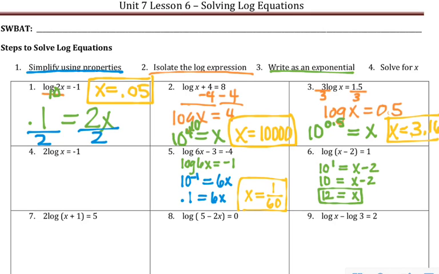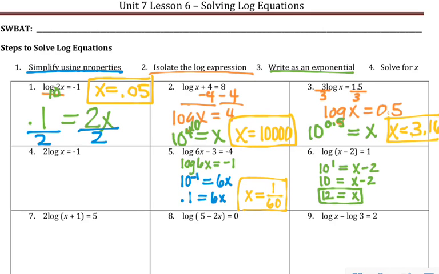Okay, so I'm going to skip a few and go to number 9. Look at number 9. What's the difference between number 9 and the ones we've been doing so far? I got 2 logs, so now we're practicing what we just went over on our homework. How do I take these 2 logs and make them into 1? Division.